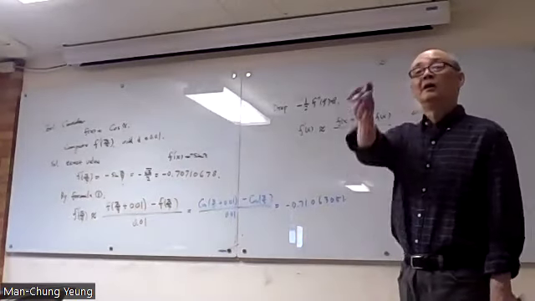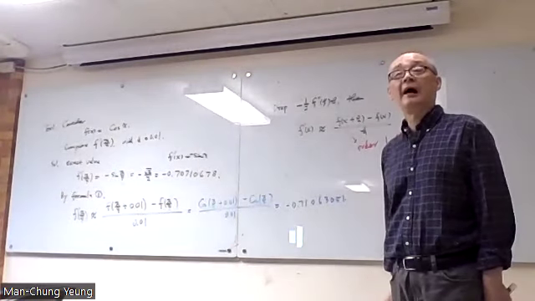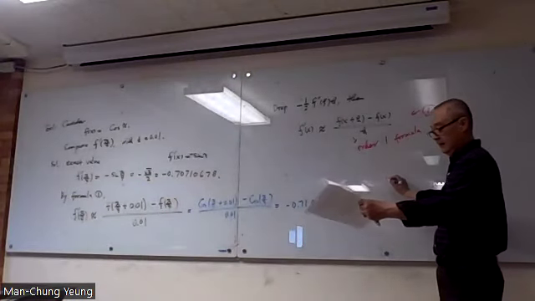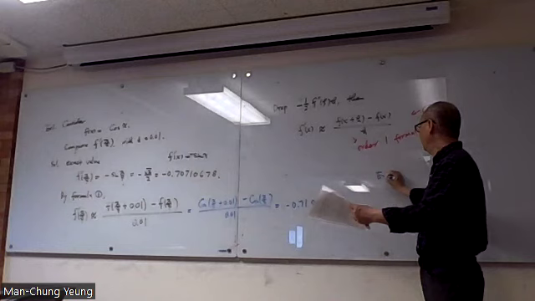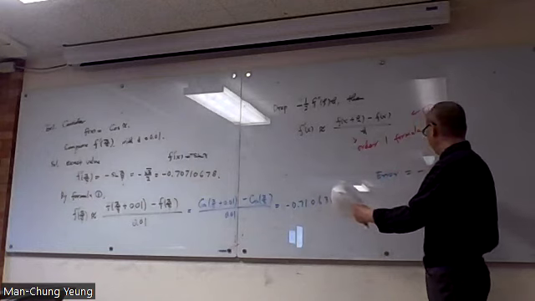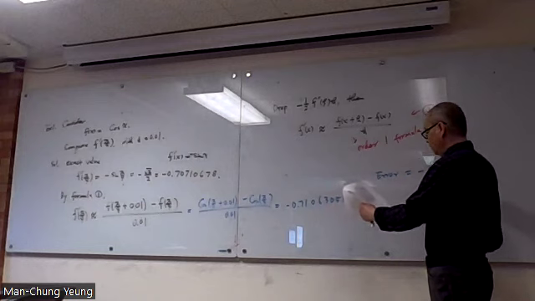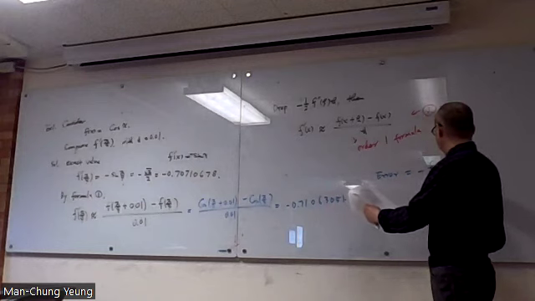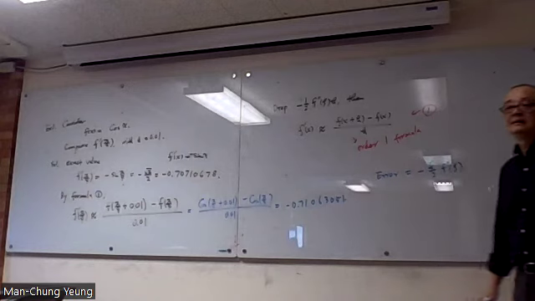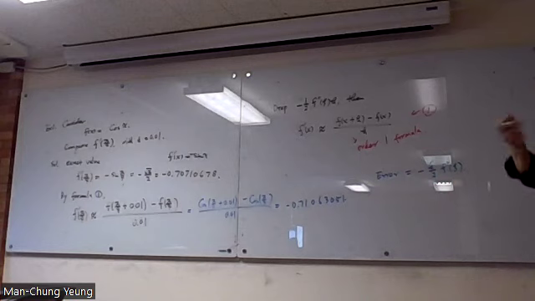How close? Compute the error term. The error is negative h over 2 times the second derivative evaluated at some point psi. We don't know psi; we only know psi is between x and x plus h.